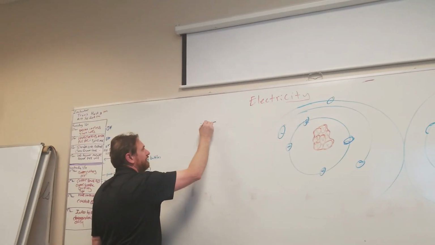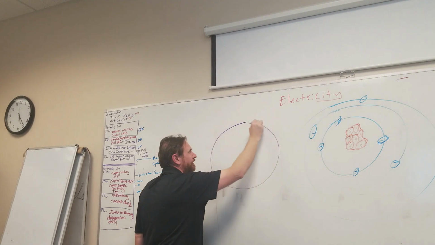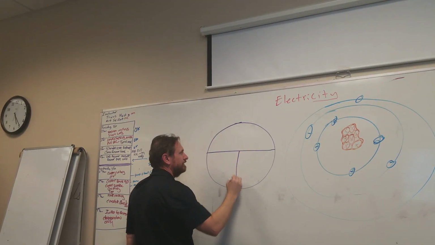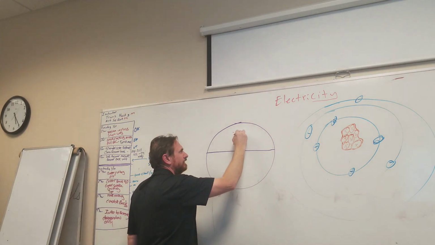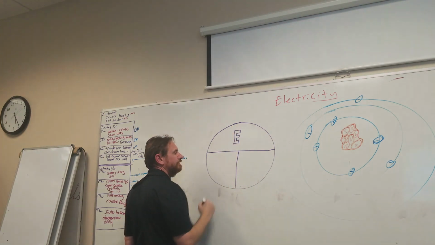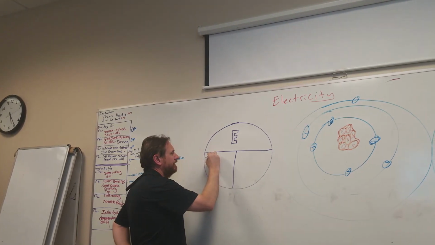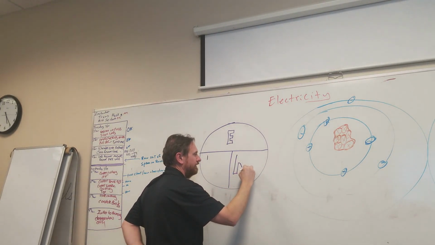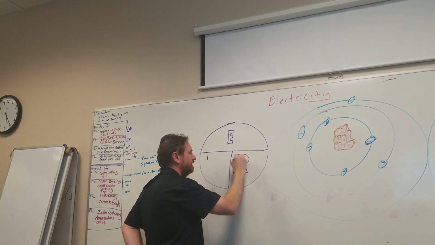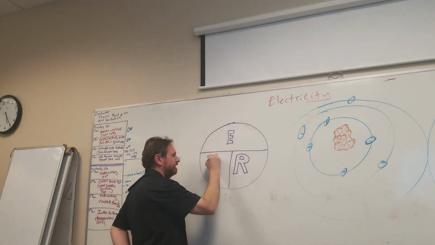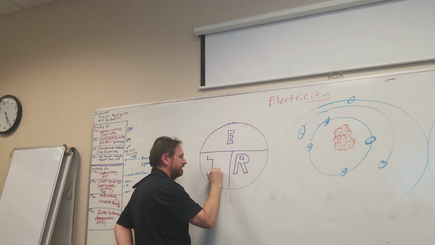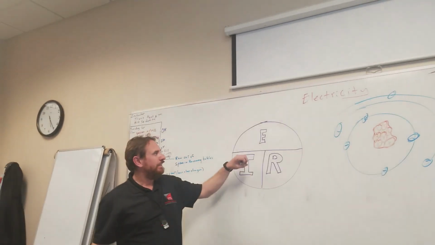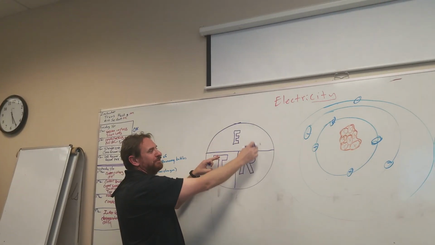Electricity boils down to this simple equation right here. E divided by R equals I. E is over R, so that means divide.